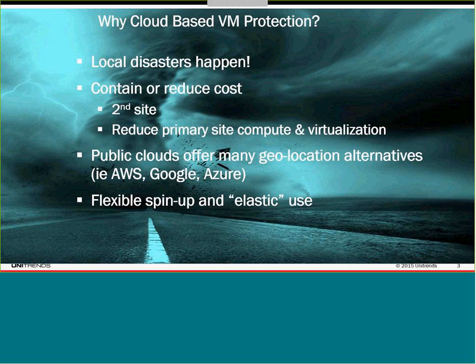And finally, there's a lot of flexibility in what you do in these public clouds: allowing backup data copies to lie idle in lower cost storage, or spinning up the VMs to run live, which of course provides a better recovery time, and even taking advantage of the elastic compute capabilities that all these vendors provide, and scaling up your machine class to run disaster recovery as a service even faster.